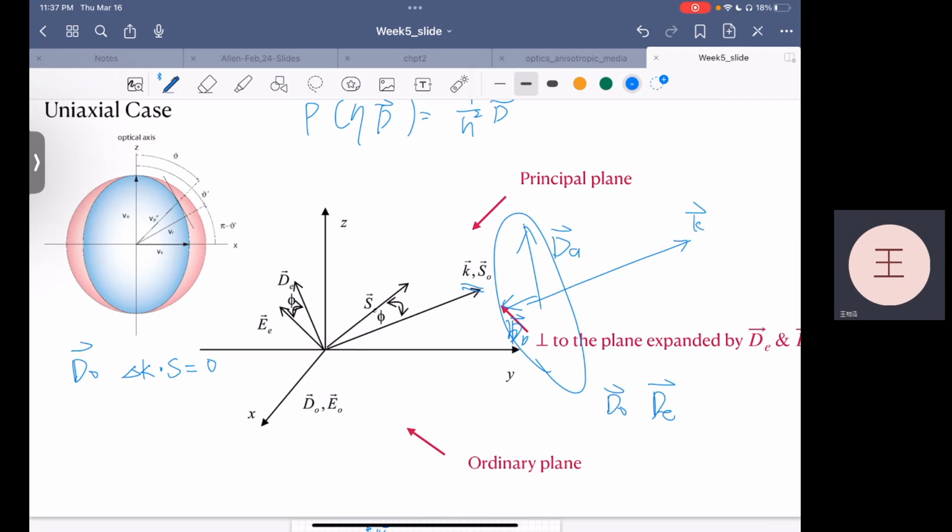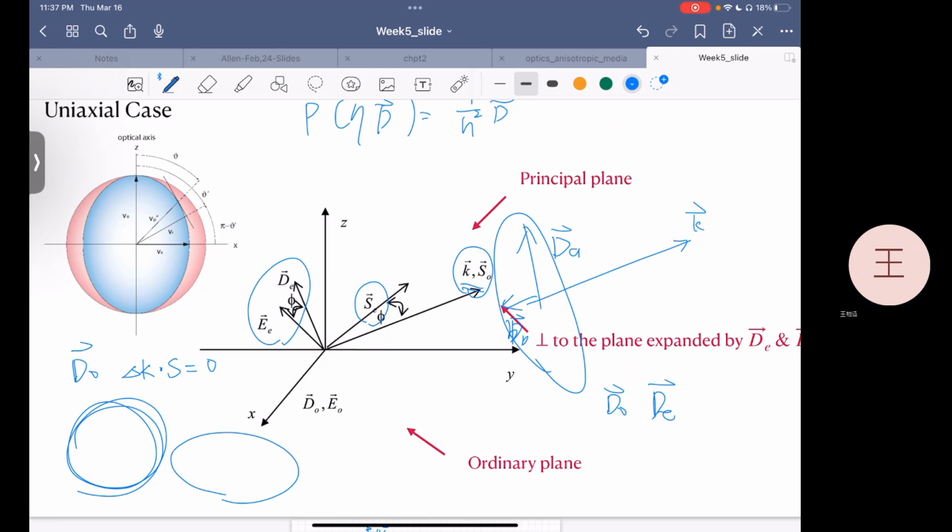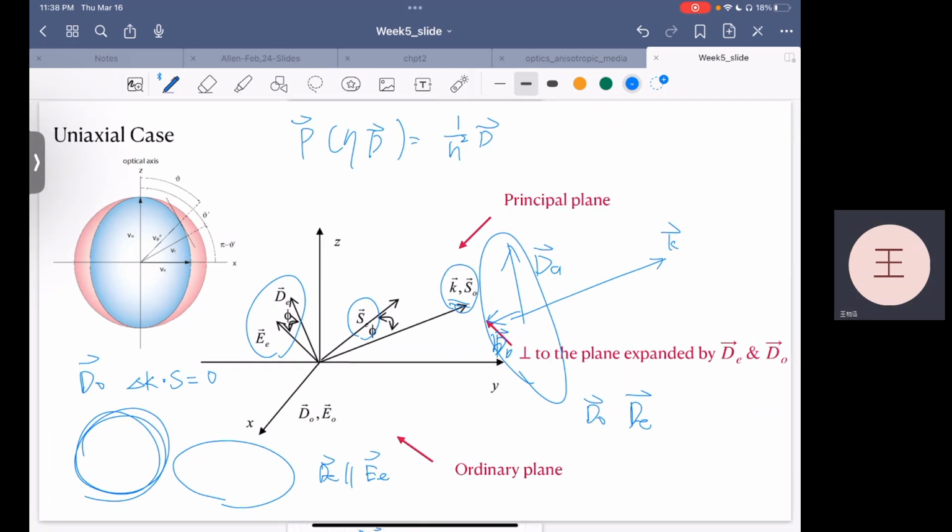Yep, that's why we will see that k is parallel to S_O, but not parallel to S_E. And for the extraordinary cases, because you are not a sphere but an ellipsoid, the DE would not be parallel to the electric field. And this is all that I would like to say for this part.